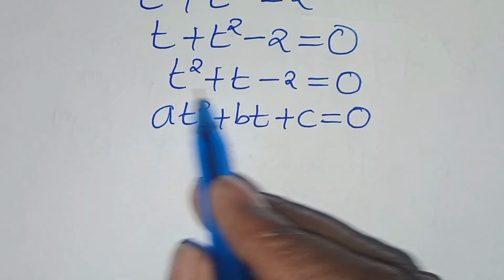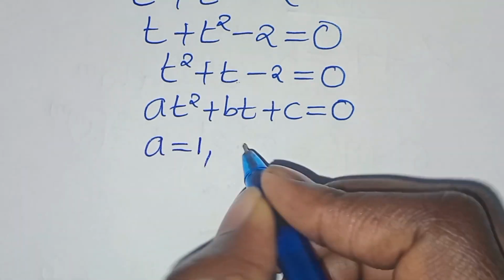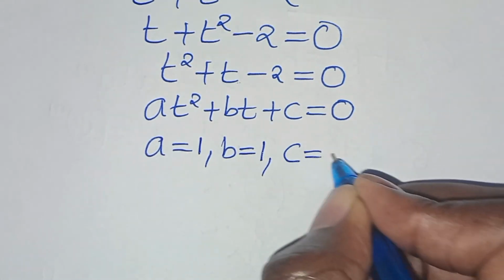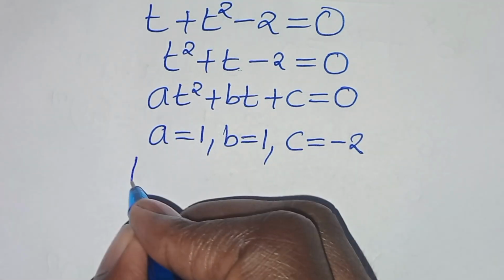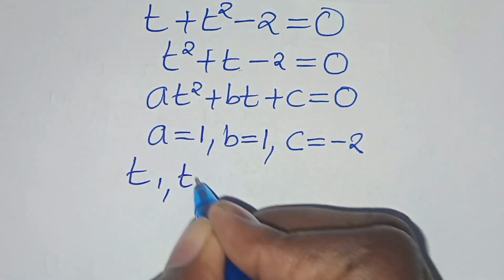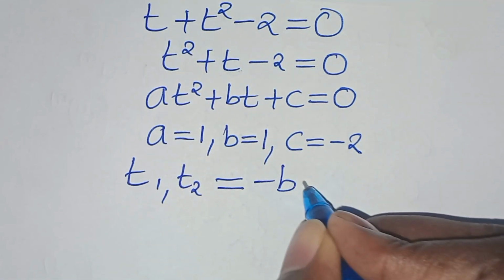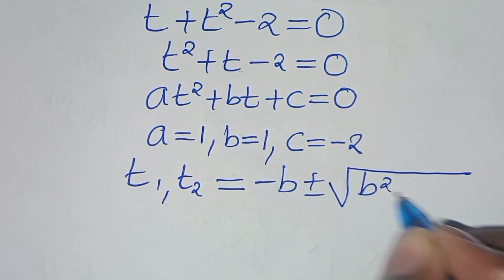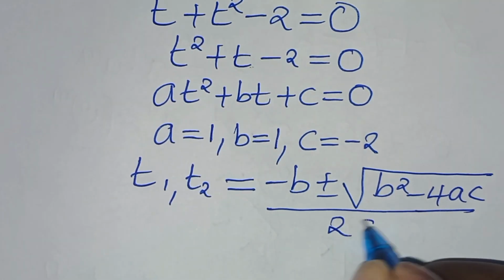Now, from this quadratic equation, we have that a is equal to 1, b is equal to 1, and c is equal to minus 2. So this implies that t1, t2, we can apply the quadratic formula, that's minus b plus or minus the square root of b squared minus 4ac over 2 times a.